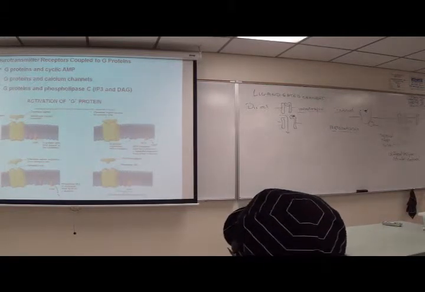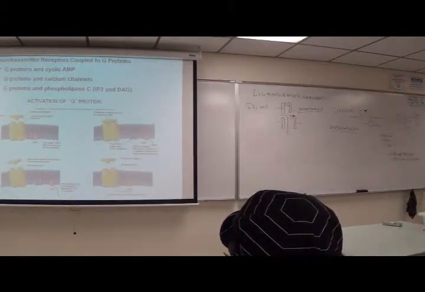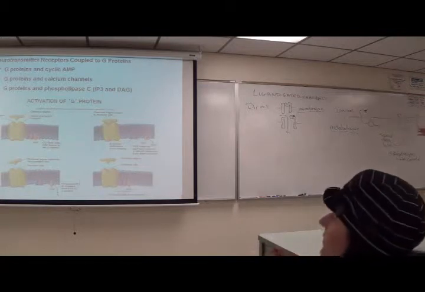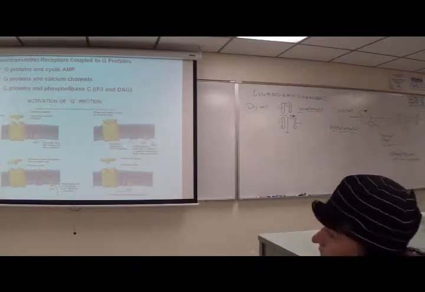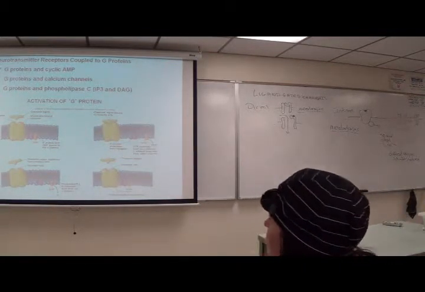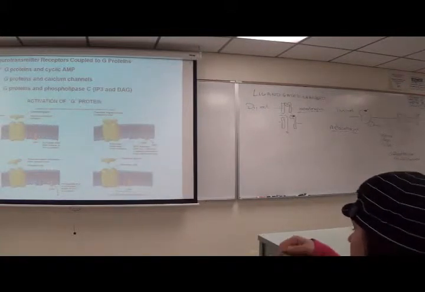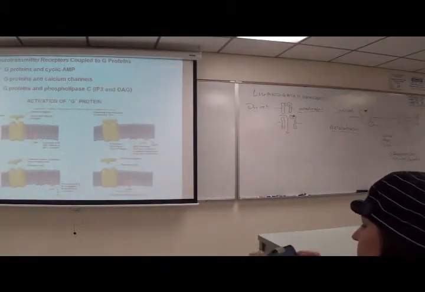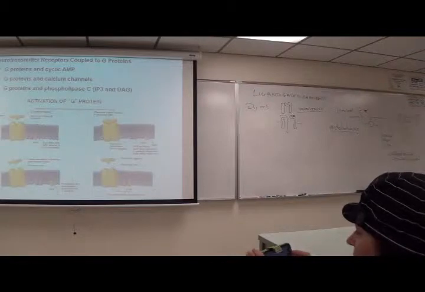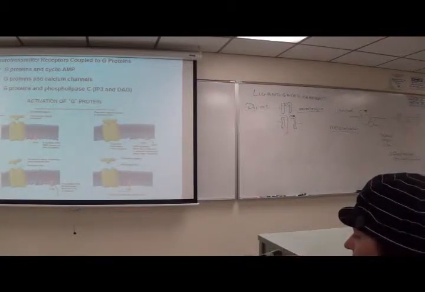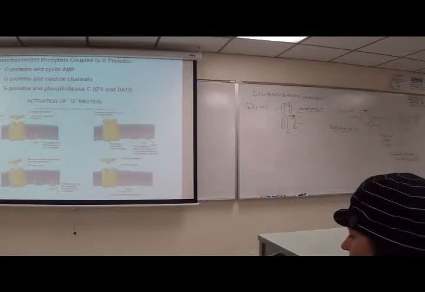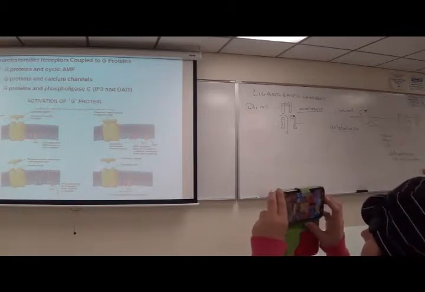So this is actually a slide from next semester. And there are three mechanisms, three pathways, three methods by which a G protein can change the inside of a cell's behavior. The slides are showing a hormone, okay? Most of them are hormones, but they apply to our neurotransmitters as well.